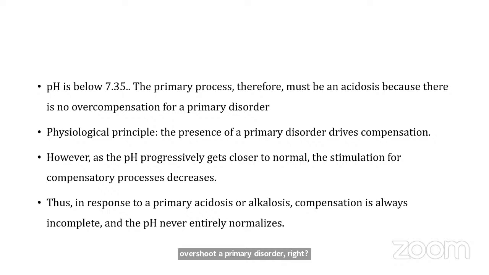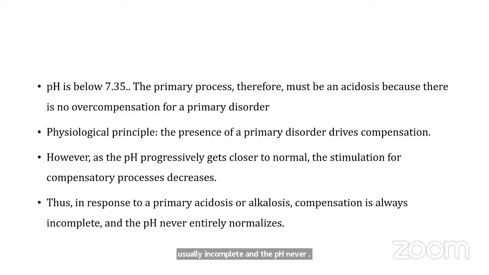So the physiological principle here is that the presence of a primary disorder drives compensation. However, as your pH gradually becomes normal, the stimulation for this compensation process decreases. So, in response to a primary acidosis or alkalosis, the body does try to compensate, but compensation is usually incomplete and the pH never normalizes.